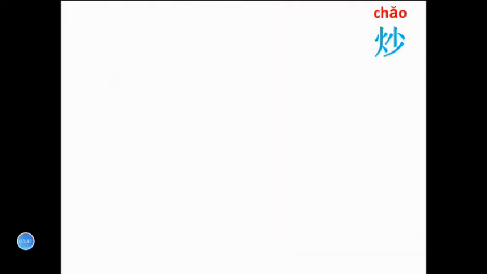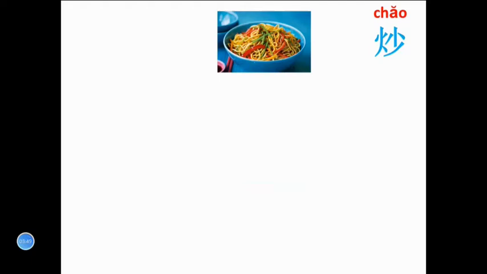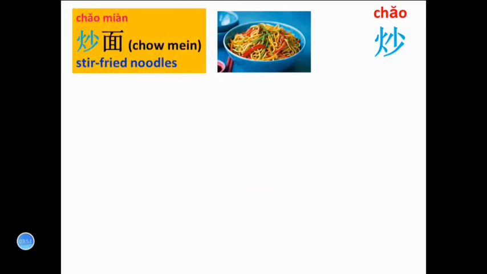For example, if you have ever been to a Chinese restaurant, you will often find this dish on the menu, chow mein. And actually it is stir-fried noodles, which in Chinese pinyin is pronounced as 炒面. And here 面 means noodles.